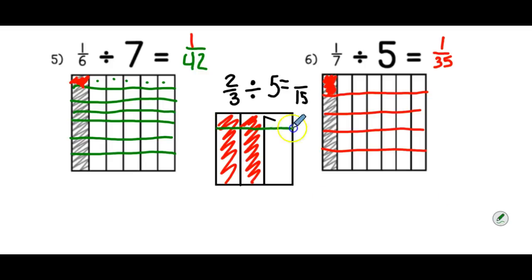So 1, 2, 3, 4, 5 parts. Okay, so 2/3 divided into 5ths. Well, what do I end up with? Let me use a different color here. So I end up with 2/3 cut into 5 pieces is 2 out of 15 pieces. So in the red, I end up with 2 out of 15.